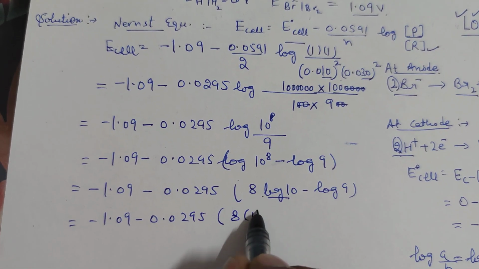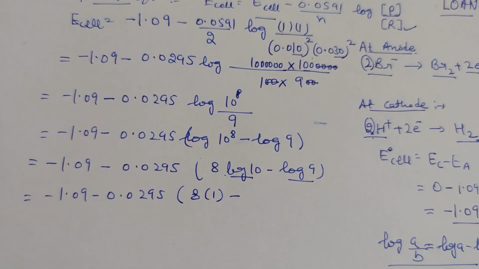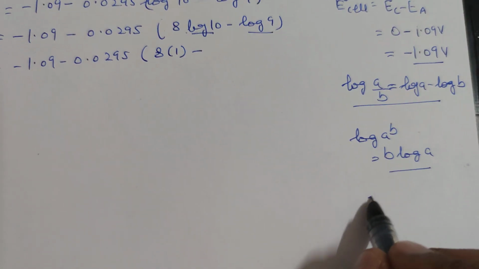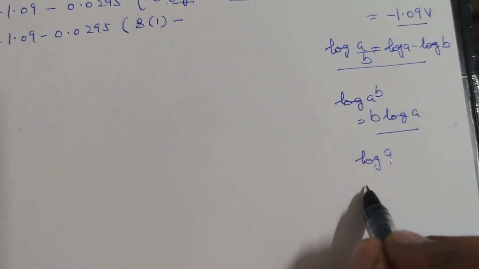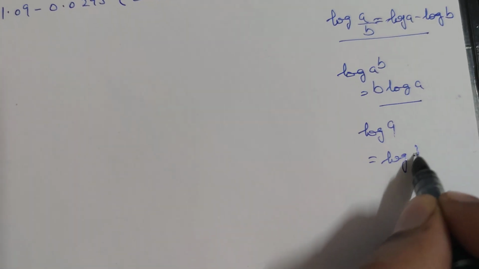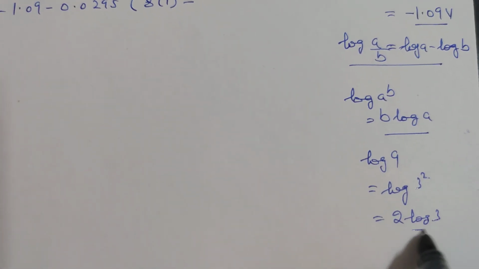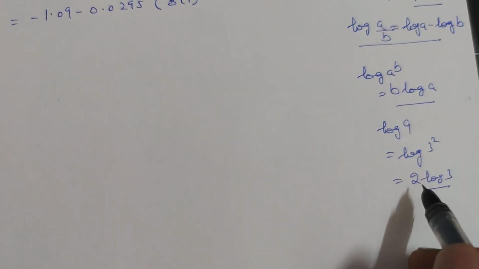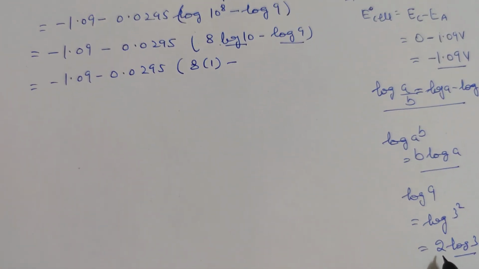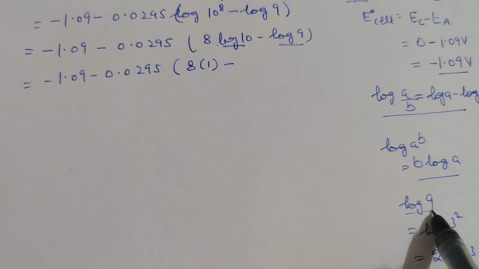So 8 into 1. And this log 9 also you can convert. Log 9 you can solve like this also: you can convert it into 3 squared, 2 will come to the front, fill the value of log 3 and you will get the answer. Multiply with 2, or you can directly fill the value of log 9 also.